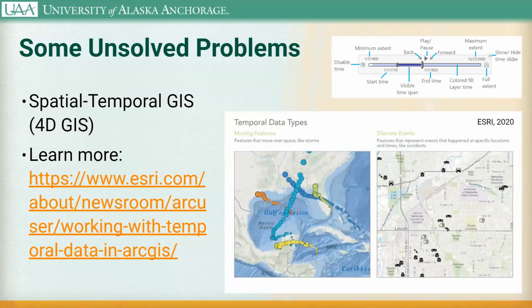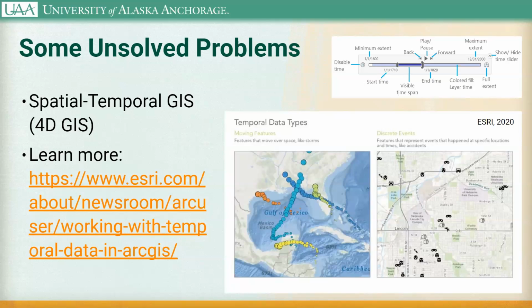Let's see. So one of the things we didn't get to play with yet is the temporal aspect of ArcGIS Pro. I have gotten at least one question about this. So this is where you take your mapping information and just like in Google Earth, you can go back and look at older aerial images. You apply dates to all of your information, so you can look at a snapshot of your map at different points in time.